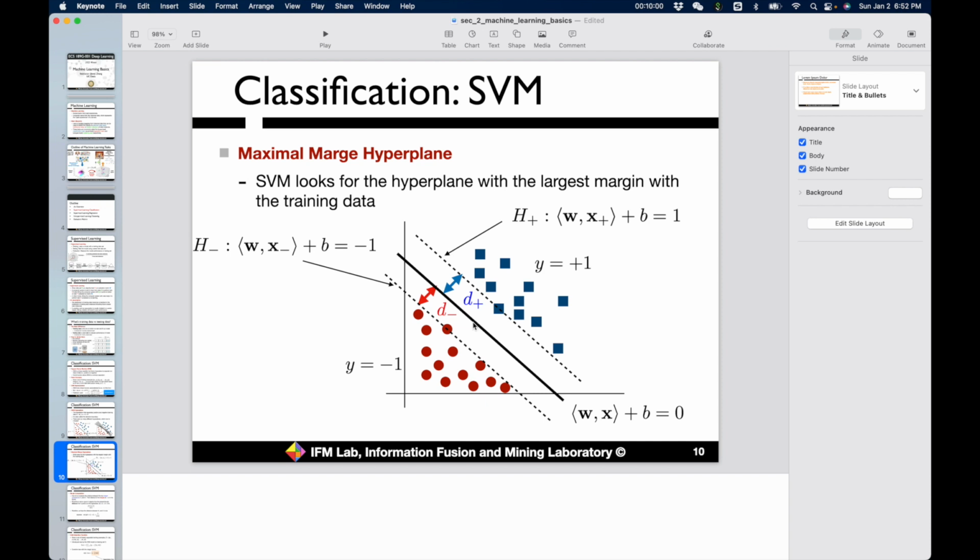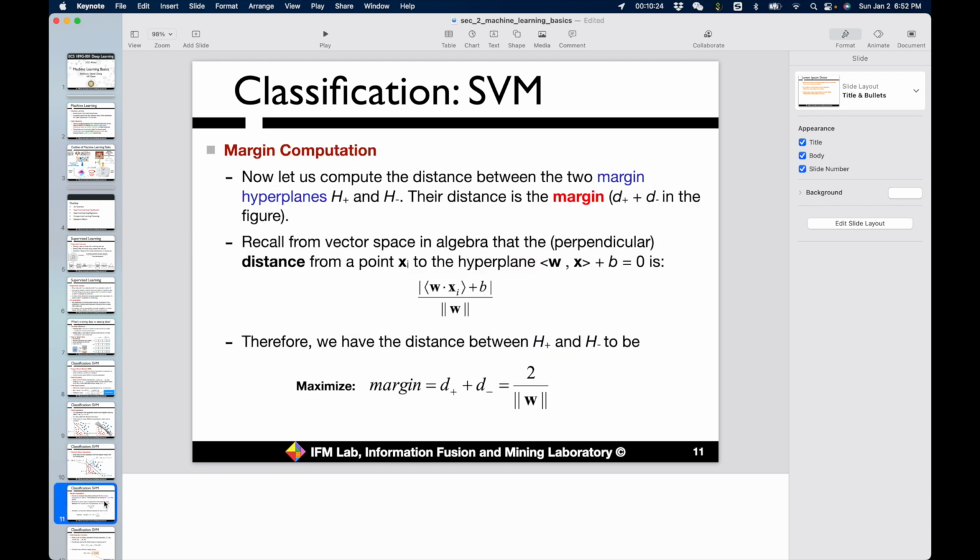If a line can make its d plus and d minus as large as possible, then this line will be a good one, right? So if we can find one line to separate the instances, and we also want to maximize the gap between them, then we can say this line we are drawing here is a good one. Okay, you follow me, right?